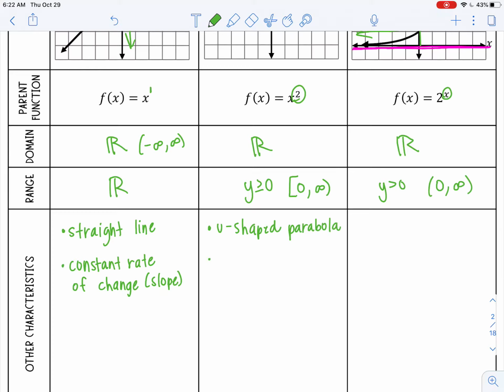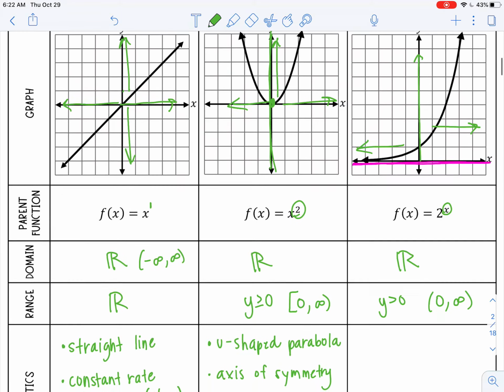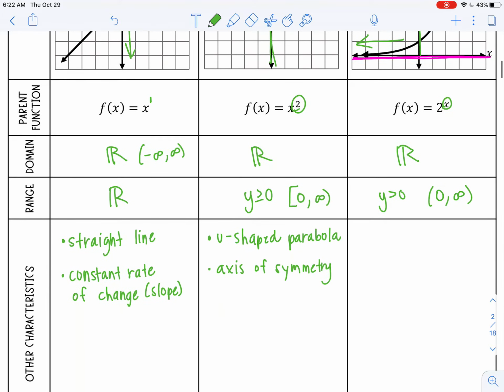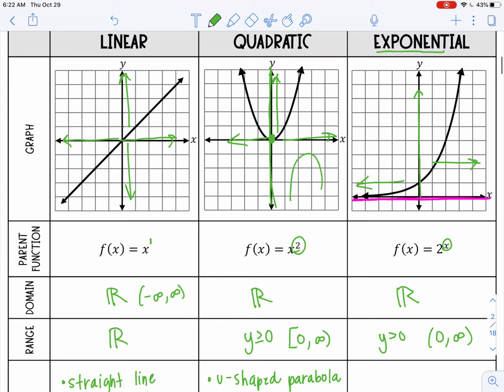And remember, parabolas have an axis of symmetry because parabolas are always symmetrical. For this particular one, the axis of symmetry would be here, the y-axis, or x equals 0. And then it's also going to have a vertex, or a maximum or min. For this case, of course, it would be a min because it's the bottom of the parabola. But if your parabola was like this, it would be a max.